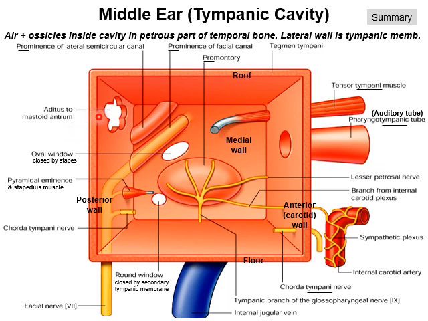The posterior wall has an opening for the aditus to the mastoid antrum and mastoid air cells, and it is related to the facial nerve.